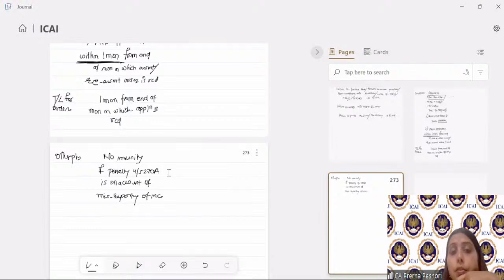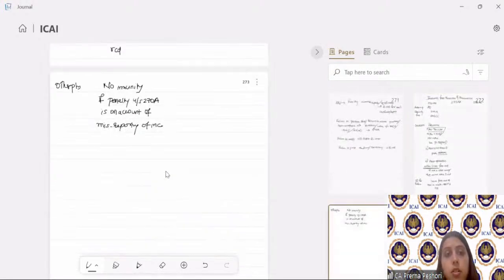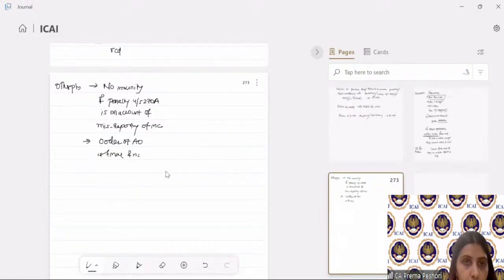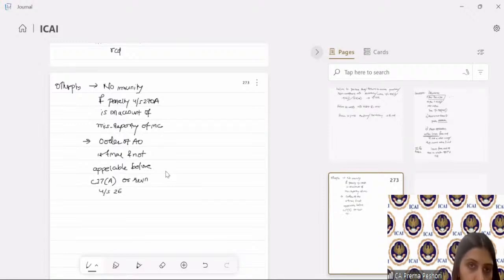Now this order of the AO is not appealable before the Commissioner of Appeals. So this order of AO is final and not appealable before the CIT(A) or a revision under section 264.